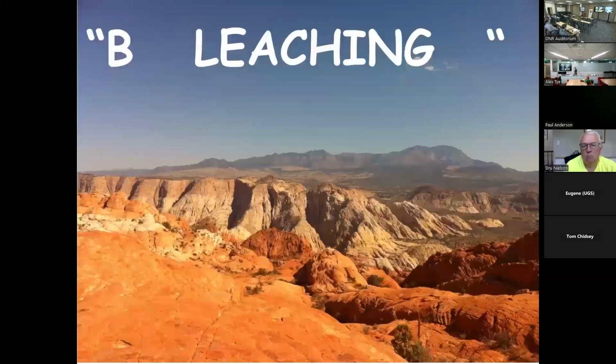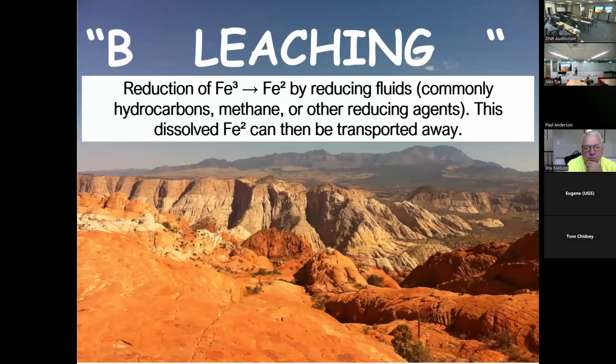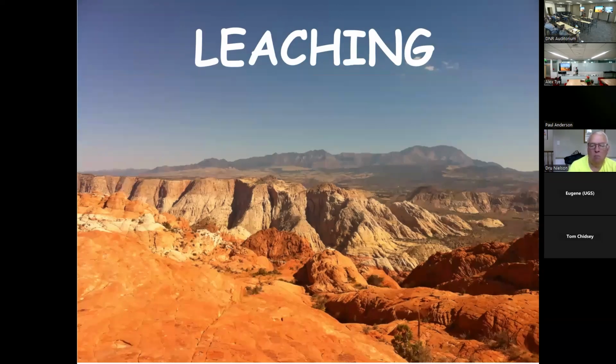Kind of. Okay. Instead of bleaching, which is the reduction of iron from ferric iron to ferrous iron by reducing fluids, commonly hydrocarbons, the hydrocarbons can do it as a reducing agent. And then if that happened, the iron was dissolved away and transported away.